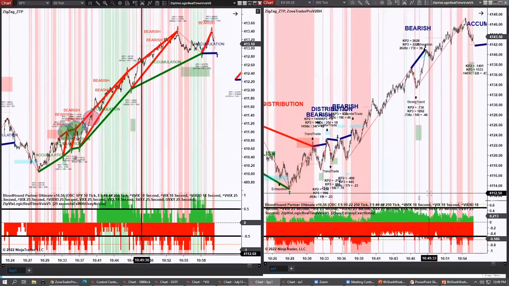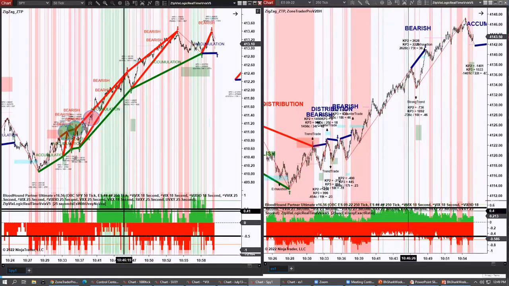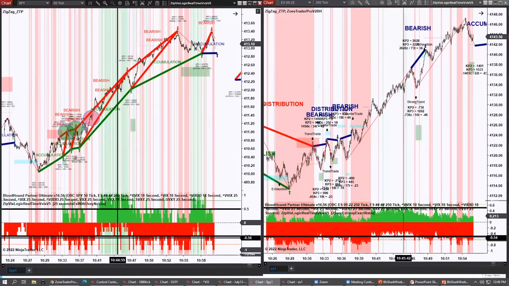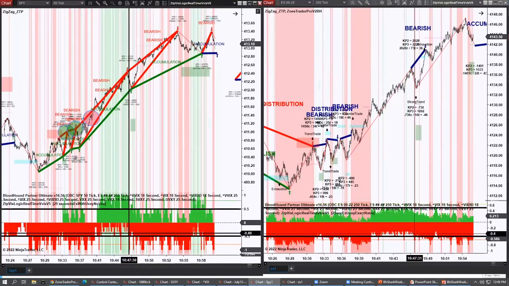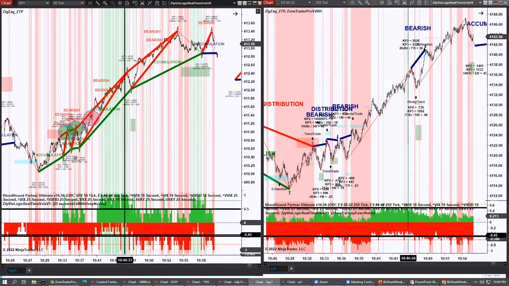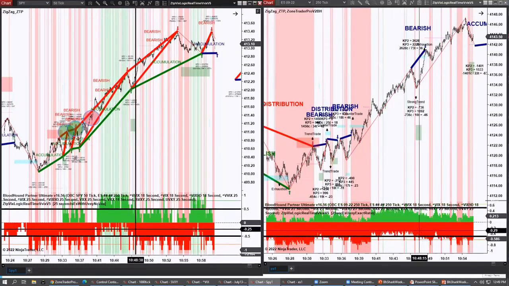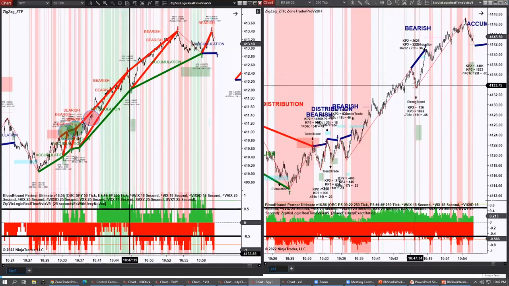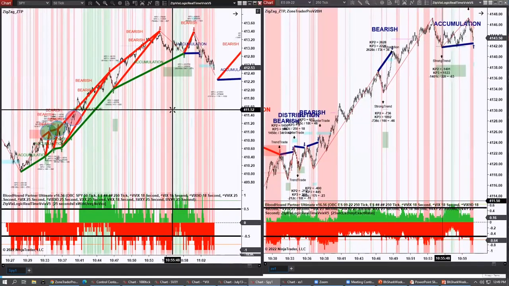Basically, the reason is, if I look over here at what the trend has been when we got this signal, I can look at my Bloodhound template here. As we went into this trade, we're losing the bullishness and gaining the bearishness. So that would have been something that we would have passed on.